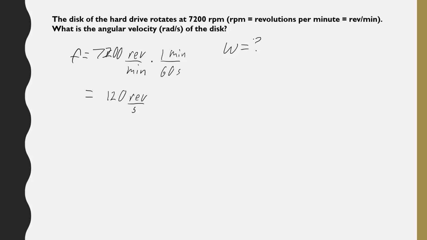Well, how do we relate the angular velocity to the frequency? Angular velocity, we need radians per second. So I'll just put the equation here: omega equals 2 pi times the frequency. 2 pi is radians per revolution, and then the frequency is revolutions per second, so revolutions cancel out.